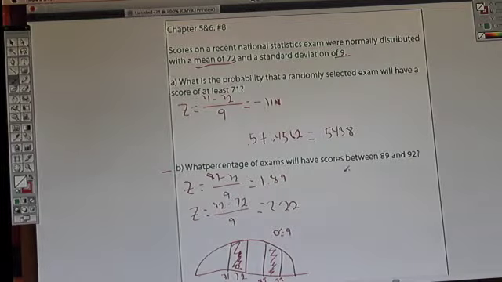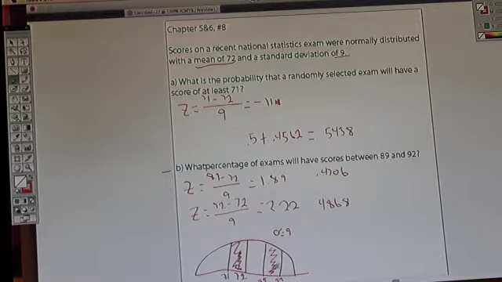Then you go to your z-score chart. Your 1.89 z-score has a value of 0.4706. Your 2.22 has a value of 0.4868. Now we need to subtract the two. We're subtracting the two because they're on the same side.